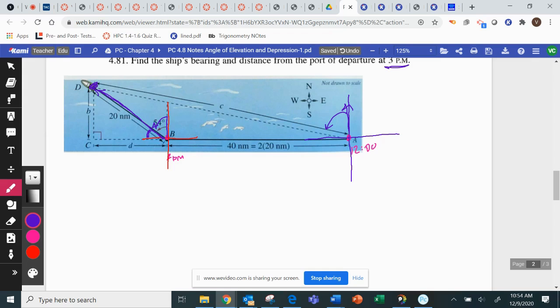Yes, we're going to start there. Can somebody help me find that angle? How can I find it? I can erase some of the stuff that's on there. How do we find that angle? It's like 36 degrees. DBC is 36 degrees.